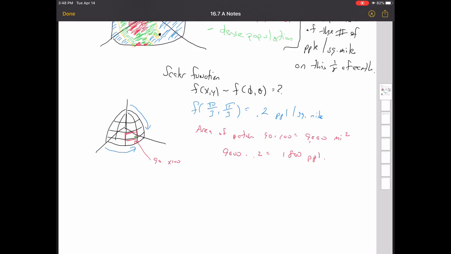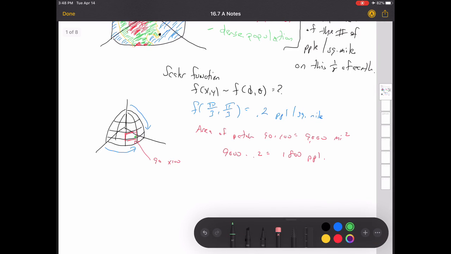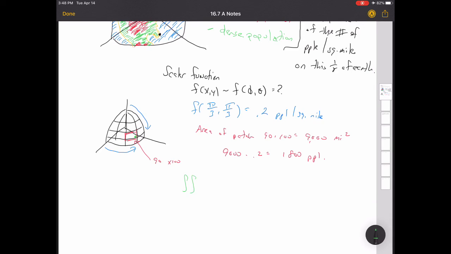So we're going to end up doing a double integral. Our double integral is now an integral over the surface area. It's over the surface of whatever the function of phi and theta is, but then I have to multiply that by the area of the surface, or the dS.